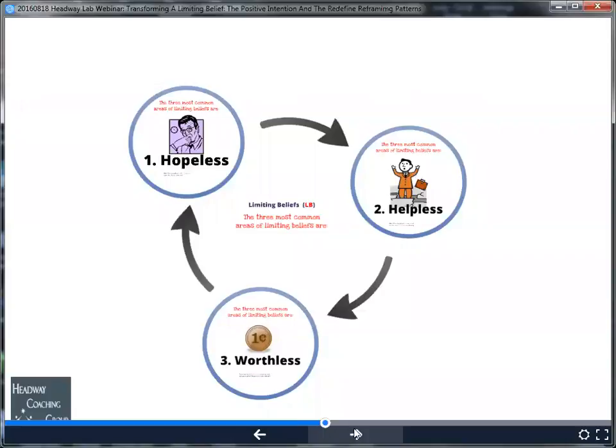Yeah, the beliefs which almost belong to the worthless area. You see that on the bottom of this slide, three areas of limiting beliefs. The worthless is right now at the bottom, but it doesn't mean it's at the bottom. It's actually in the logical level system on the top.